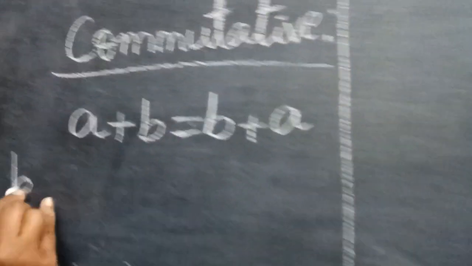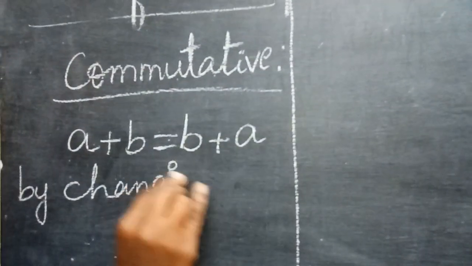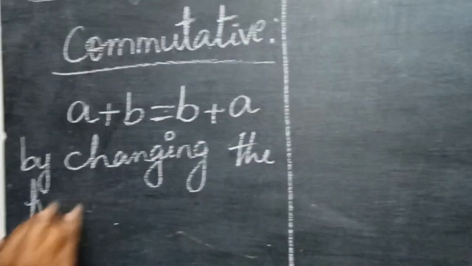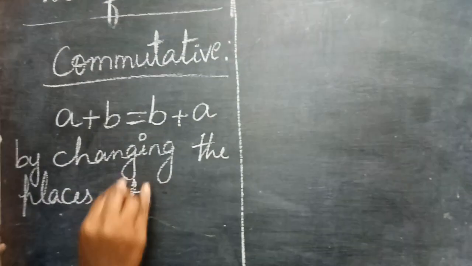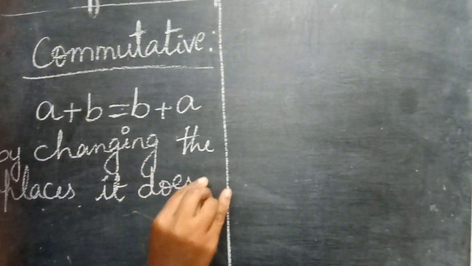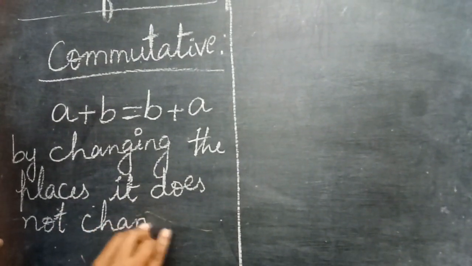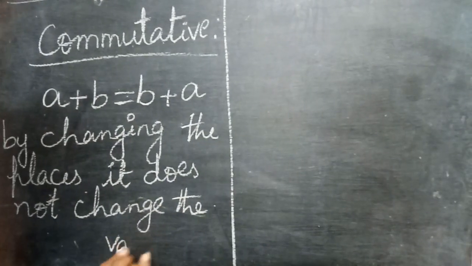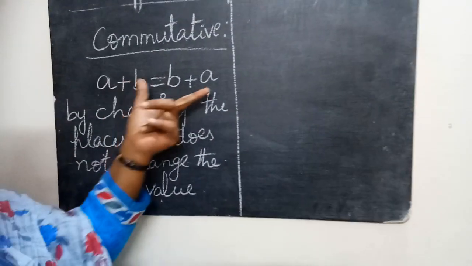By changing the places, it doesn't change the value. Clear? See here, A plus B is equal to B plus A.